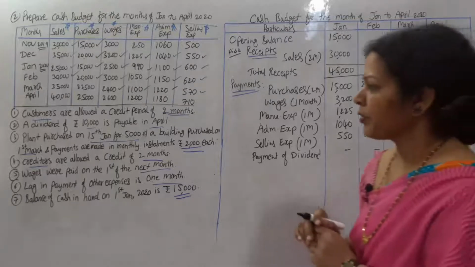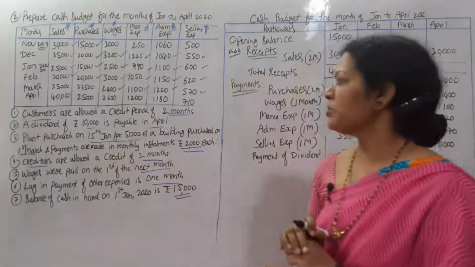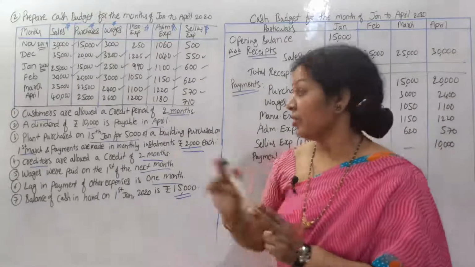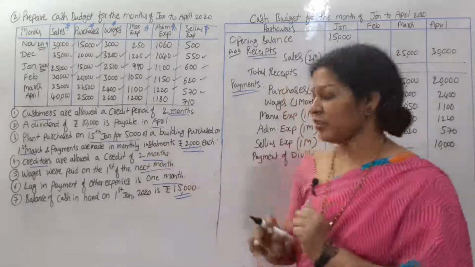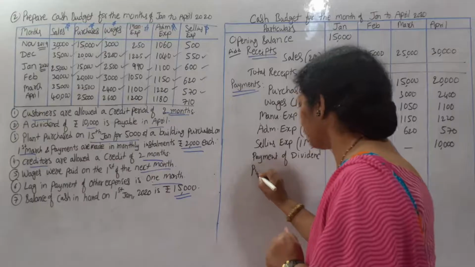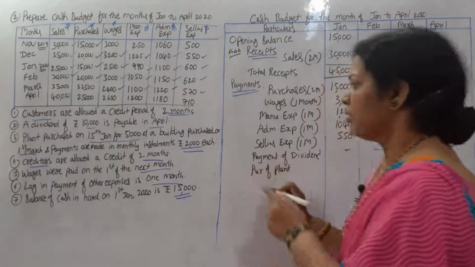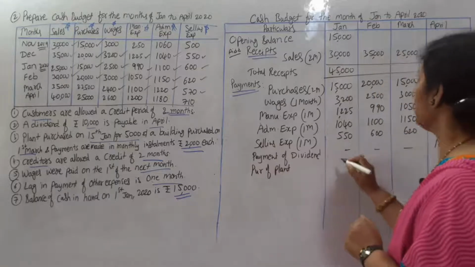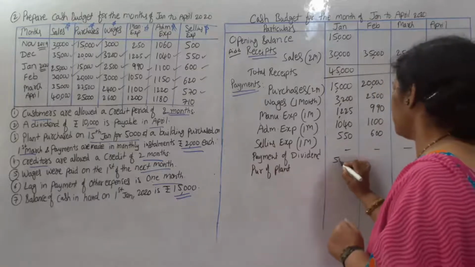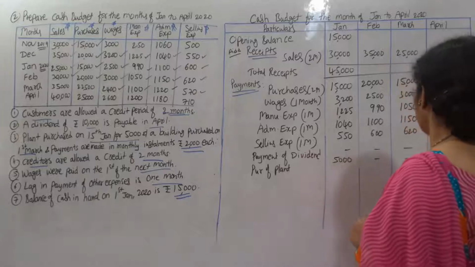Over, okay. Next, plant purchased on 15th January for 5,000. 15th January means in the month of January we have to write purchase of plant. How much? 5,000 in the month of January. So January month I am writing 5,000.